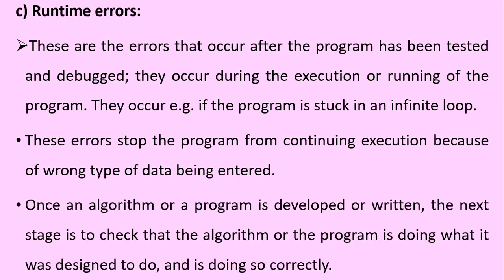Once an algorithm or a program is developed or written, the next stage is therefore to check that the algorithm or the program is doing what it was designed to do and is also doing the same in the correct manner.